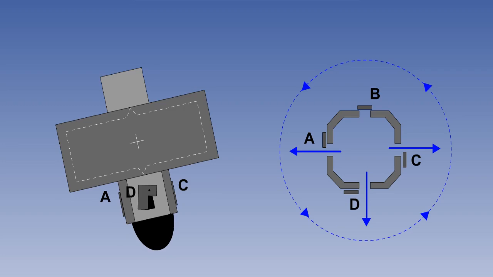However, should the gyro rotor axis wander from the vertical, the pendulous vanes on opposing sides of the rotor housing move, so that as one vane closes, the other one fully opens. In our illustration here, the gyro rotor is toppling, and we can see that by gravity vane B has closed, while vane D has fully opened.